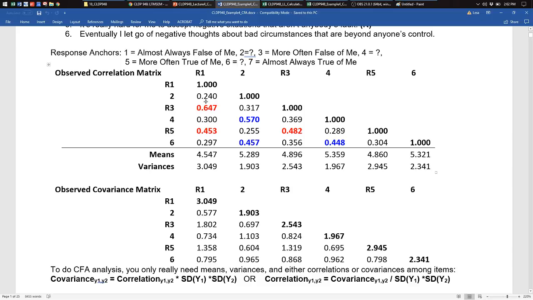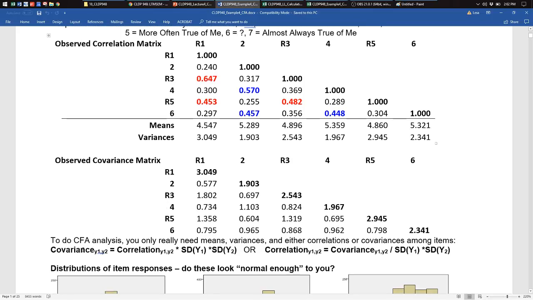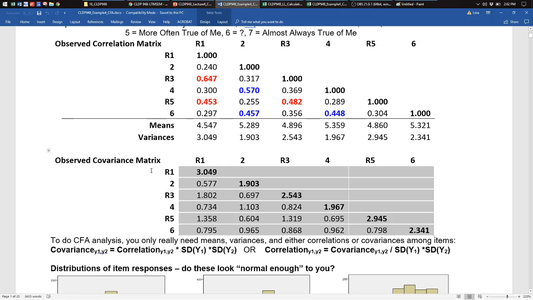From these correlations and these variances, one can compute a covariance. Here's the formula for how you put those together. And so this is the answer key. This is what H1 is going to predict, the data, where the variances are on the diagonal and covariances are on the off diagonal.